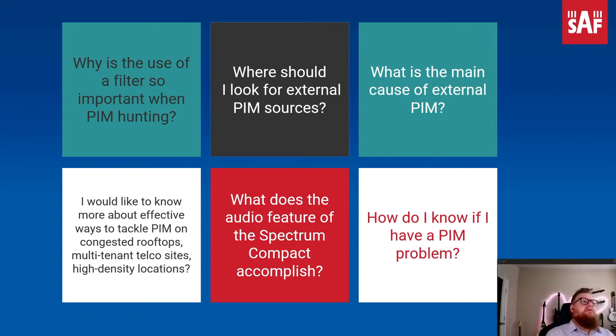So this goes back to what we initially talked about in the video, where probably the most effective way that you and your team can tackle PIM on congested rooftops, multi-tenant sites, high-density locations, just like the question illustrates, is making sure that you and your team are educated on what PIM is, and what the standards are of your particular client, which could be the mobile operator typically, who would be hiring you to help solve these problems.